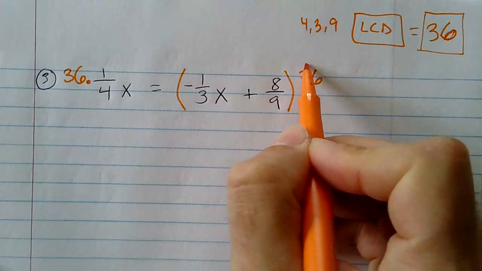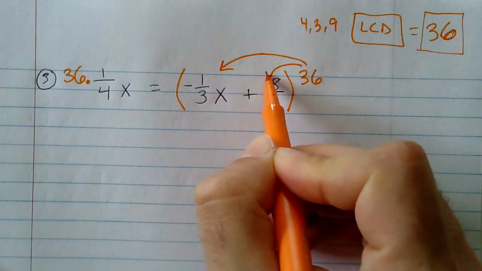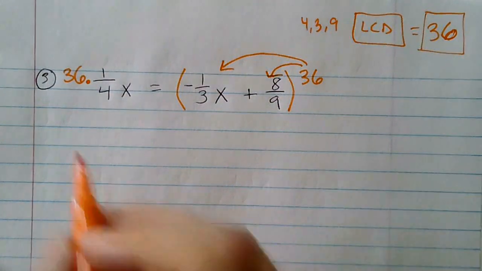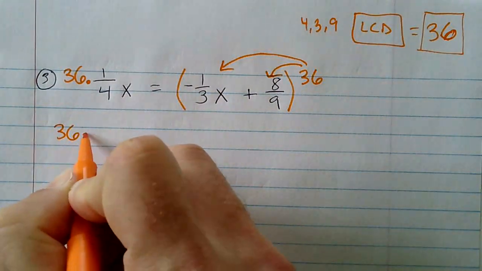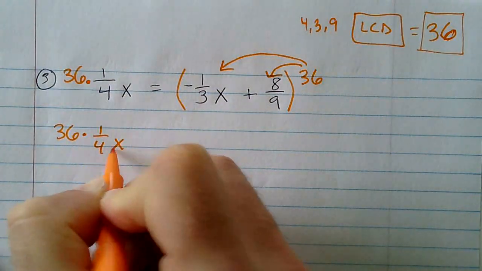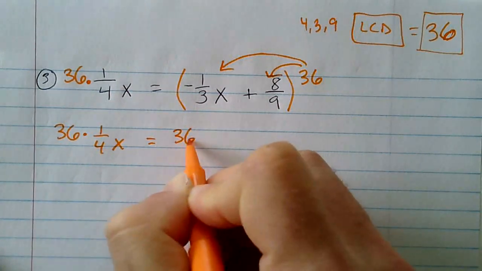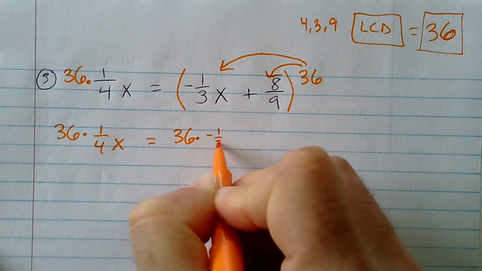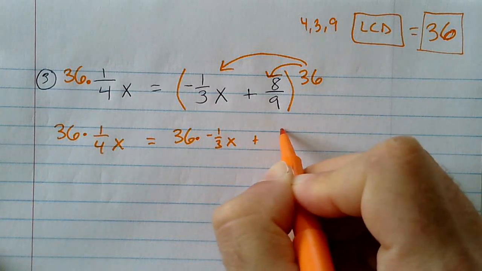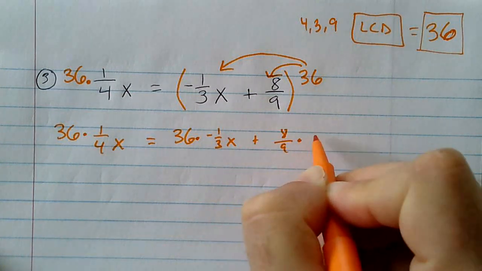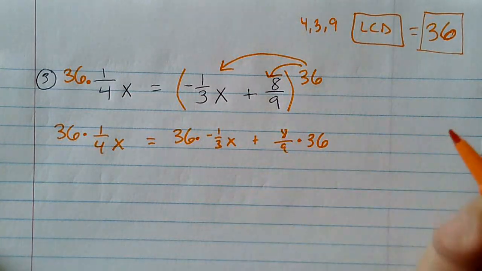So distributive property would tell me each term gets multiplied by 36, leaving me with 36 times 1/4 x equals 36 times negative 1/3 x plus 8/9 times 36.